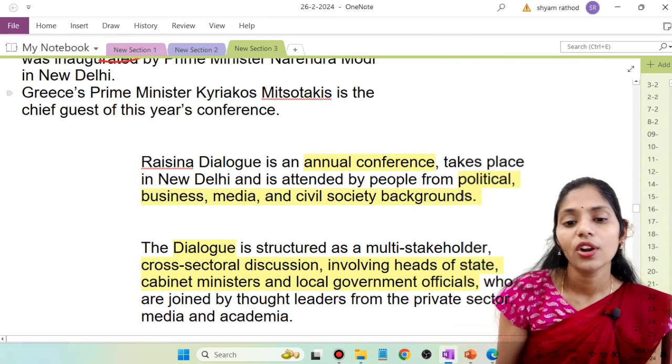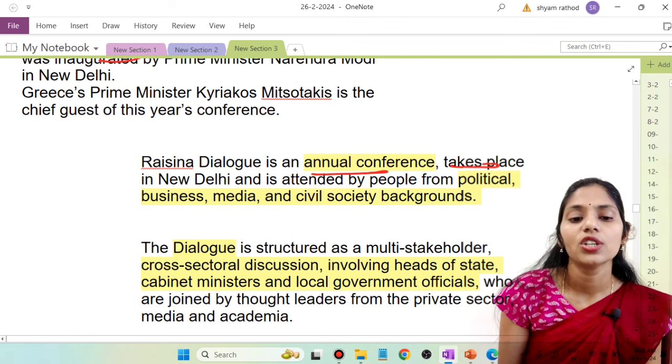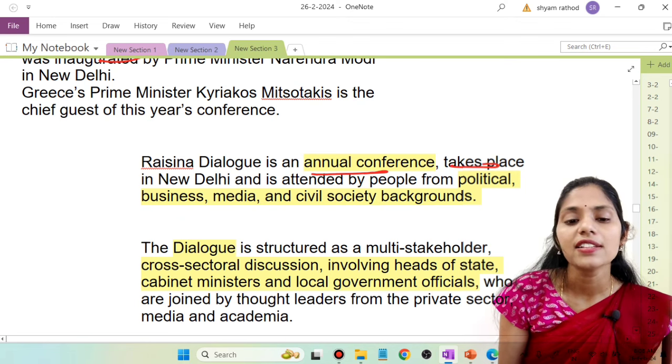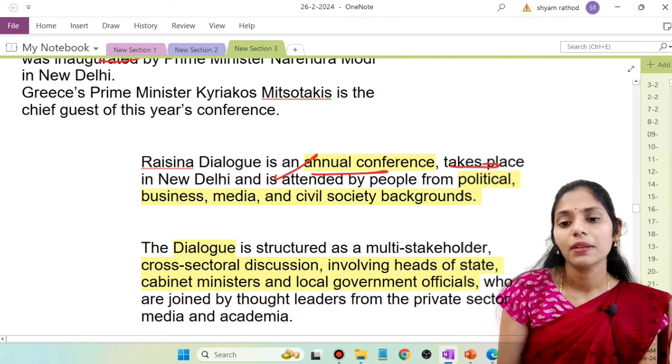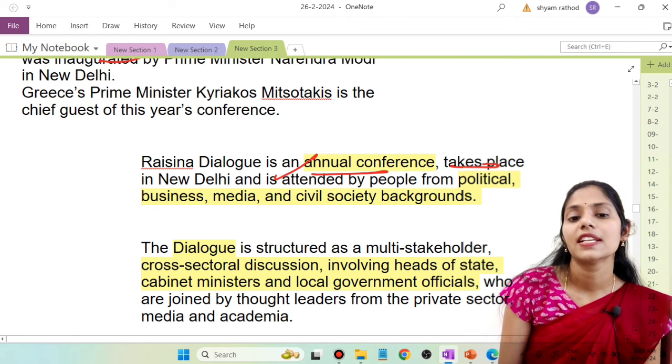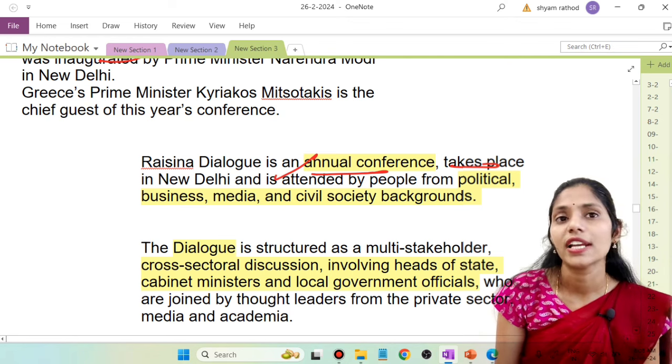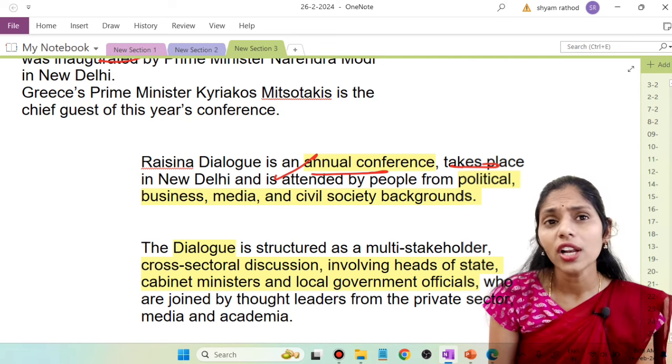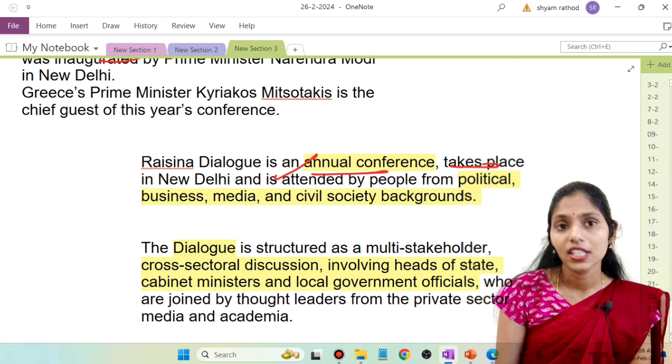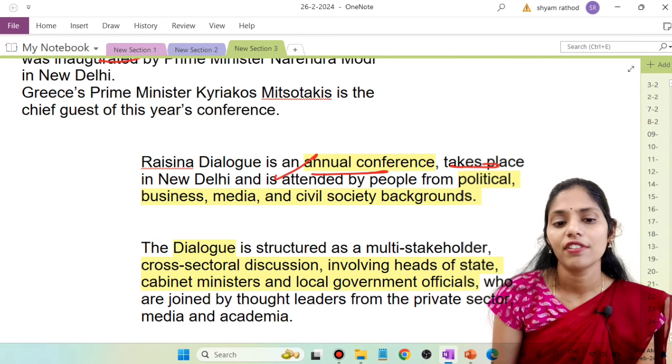The Raisina Dialogue is an annual conference that takes place in New Delhi and is attended by people from political, business, media and civil society backgrounds.